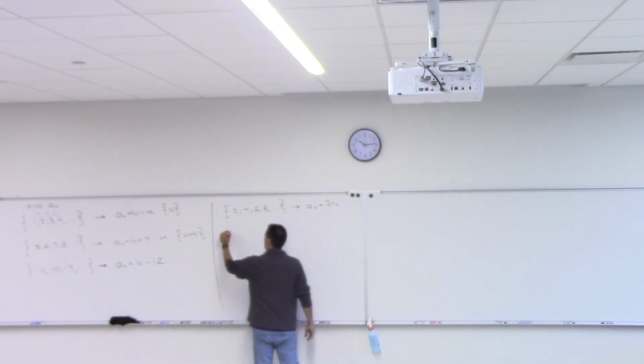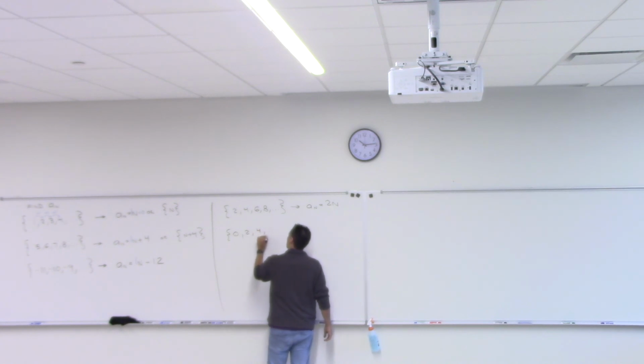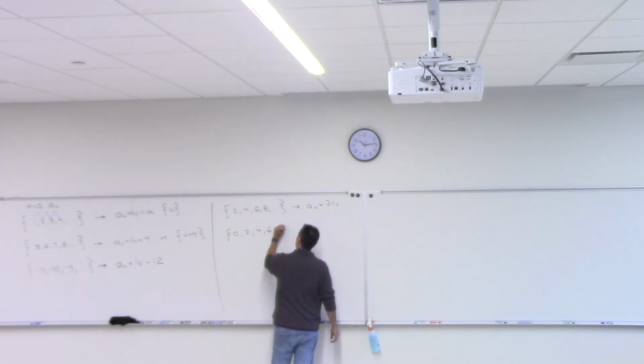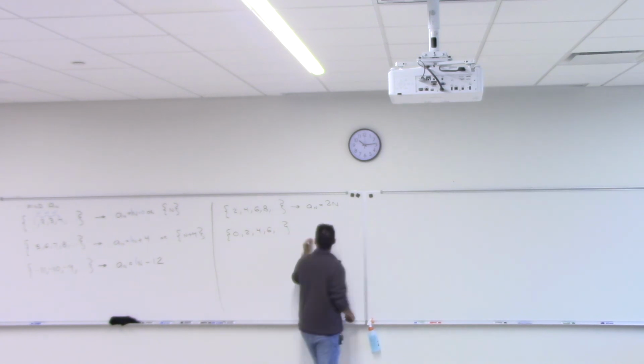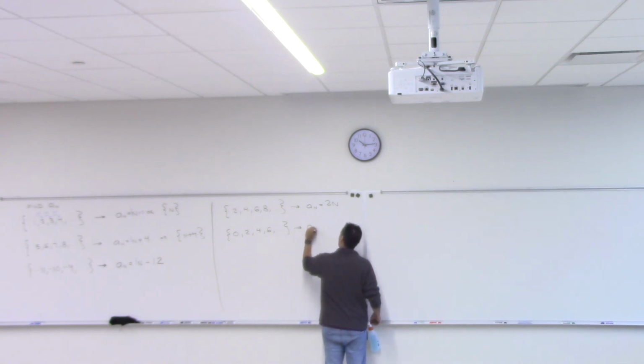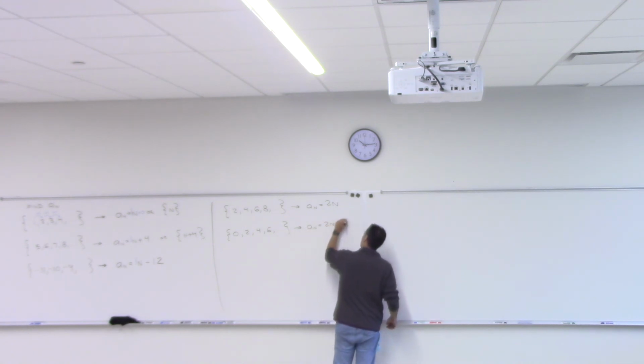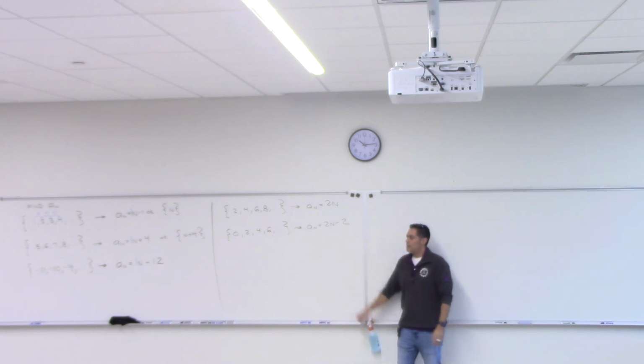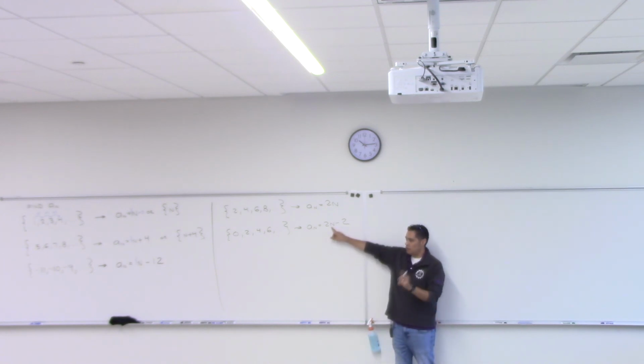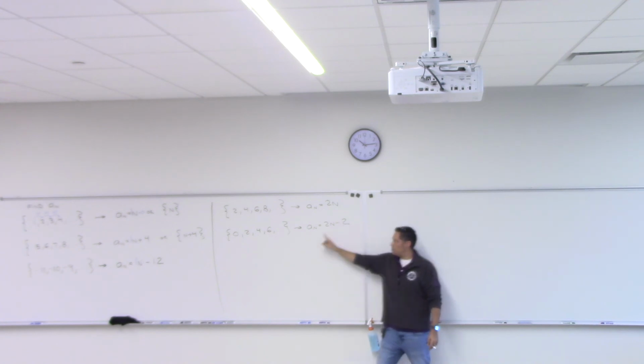Could someone else do this one? Could you give me the even numbers starting at 0? Who's got it? Go ahead. 2n minus 2. 2n minus 2, right? Because if you plug in 1, you get 2 minus 2 is 0. You plug in 2, you get 2 times 2 is 4, take away 2, gives you 2.